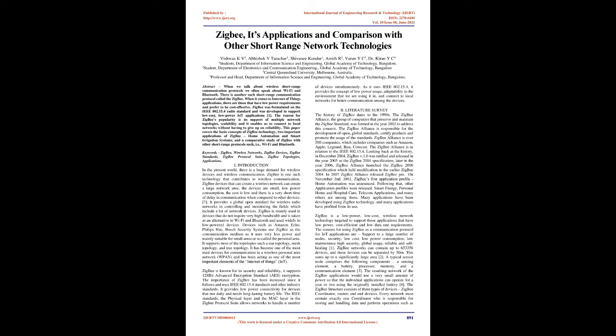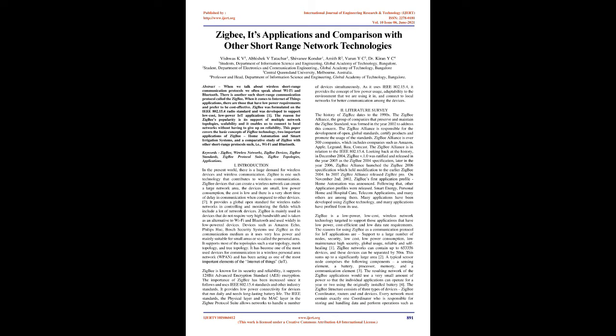Students, Department of Information Science and Engineering, Global Academy of Technology, Bangalore. Student, Department of Electronics and Communication Engineering, Global Academy of Technology, Bangalore. Central Queensland University, Melbourne, Australia. Professor and Head, Department of Information Science and Engineering, Global Academy of Technology, Bangalore.